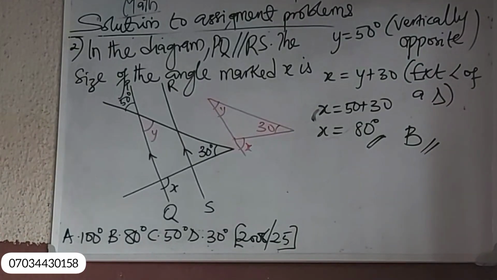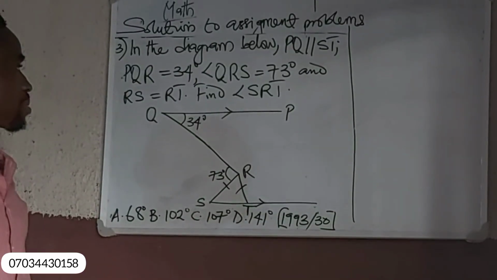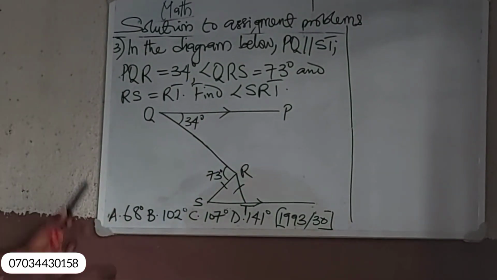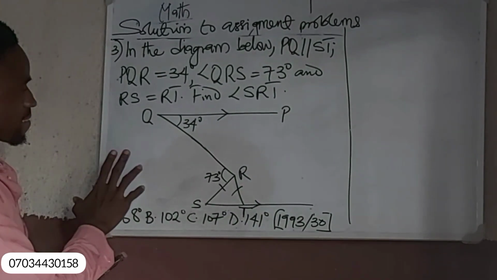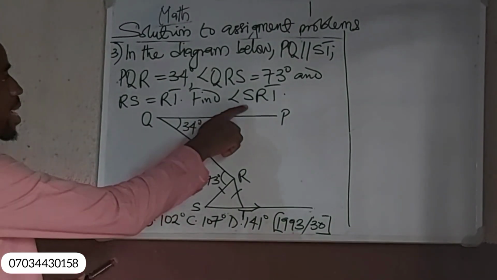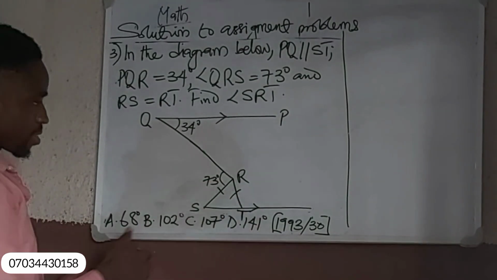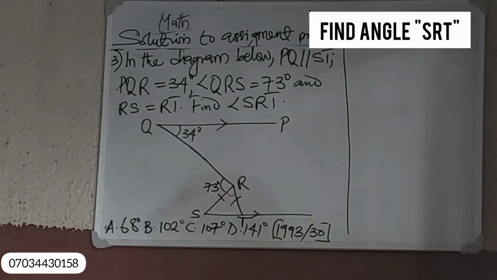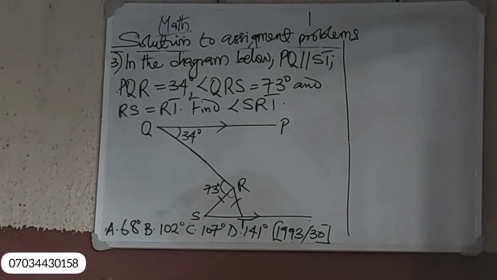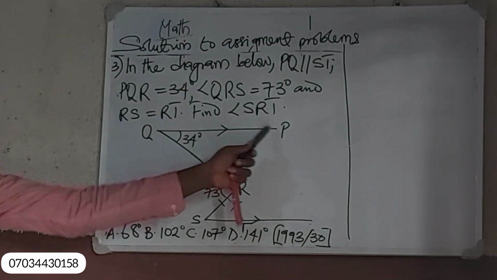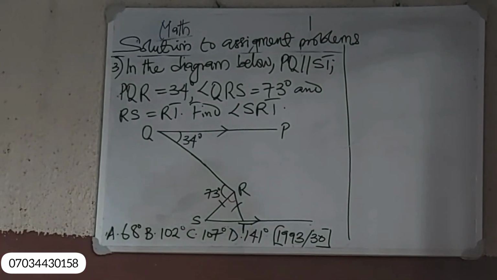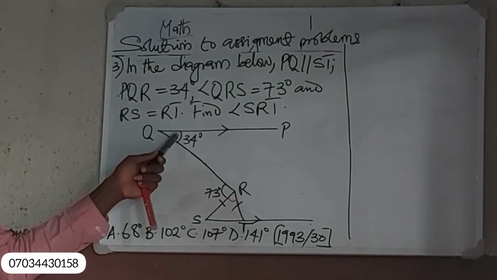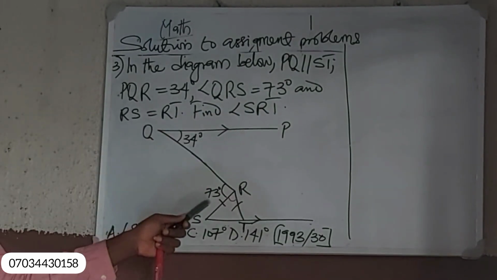So let's solve question number 3. For question number 3, we are solving for angle SRT. So I'm looking for this angle. How do we find that? We have that this line is parallel to this, and then this is 34, this is 73 again.